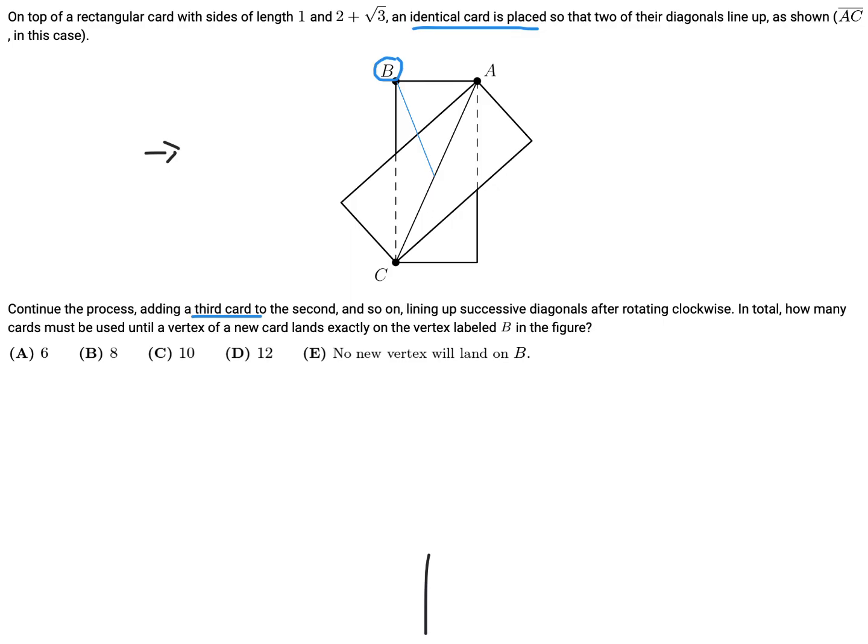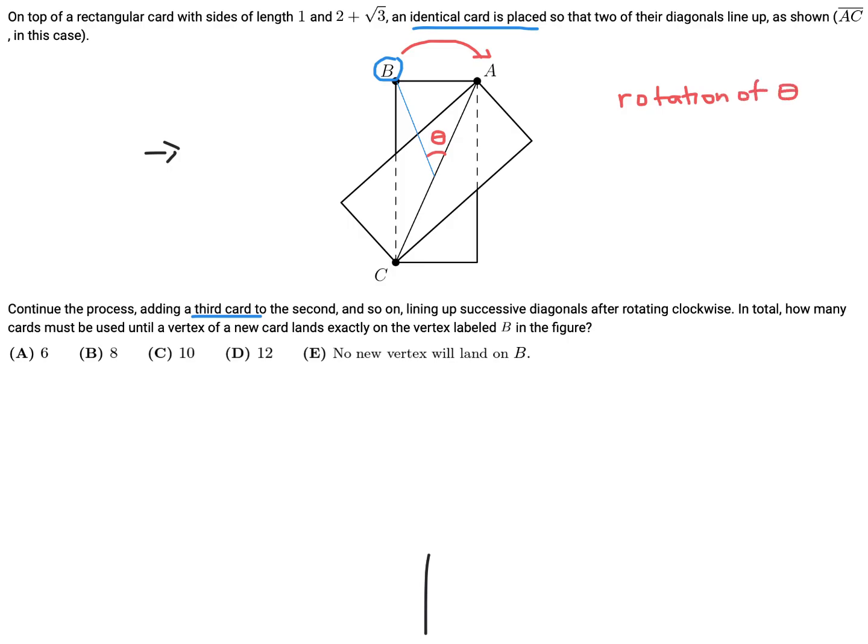To illustrate that when we went from B to here, we really went through this angle, and I'll just call that angle theta. Got it? So we went from B to A. The vertex was originally at B, that vertex in the top left corner, and now the vertex is at A, and that happened with a rotation of theta degrees.